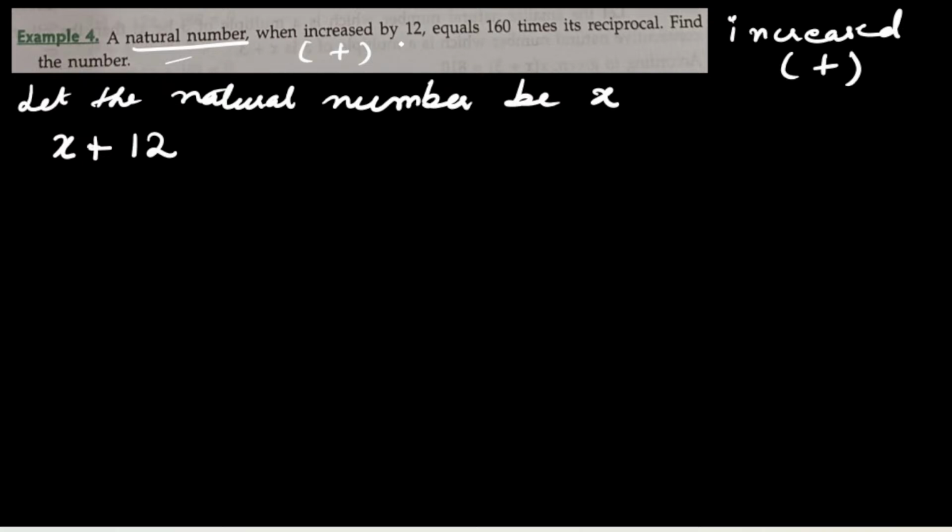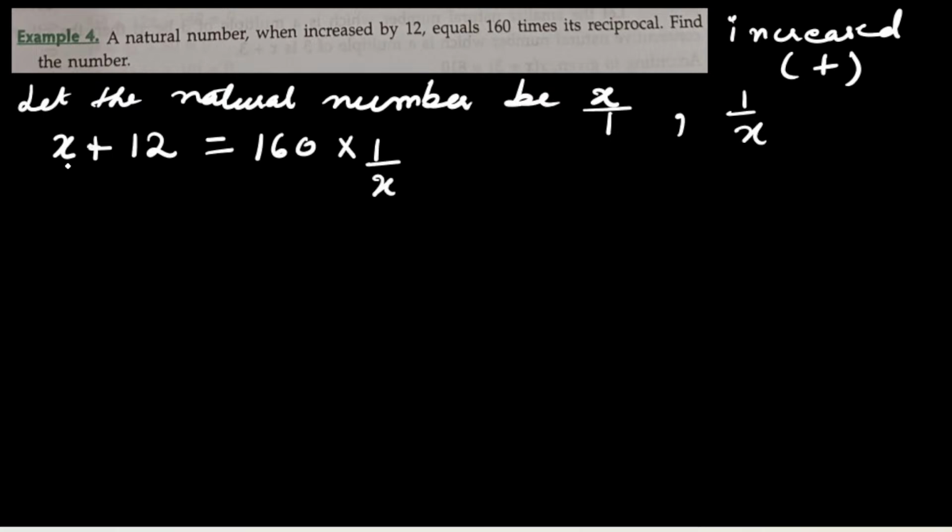A number when increased by 12, the number is x plus 12, equals 160 times. 160 times means 160 into, times means multiplication, 160 times its reciprocal. See, if the number is x, what is its reciprocal? Its reciprocal is 1 by x.